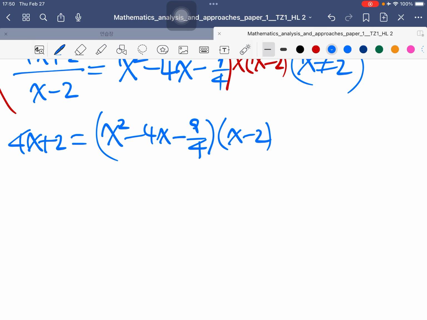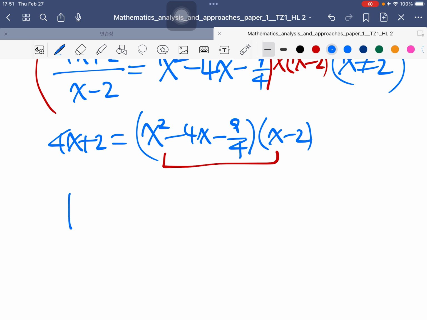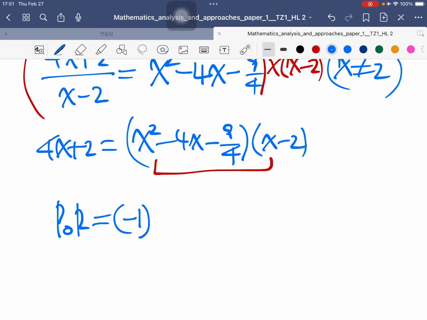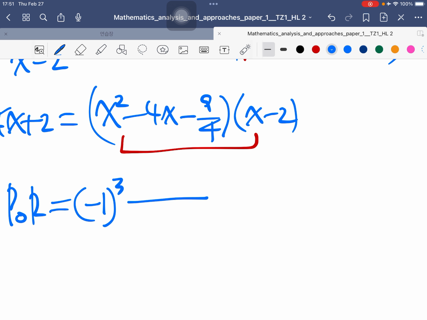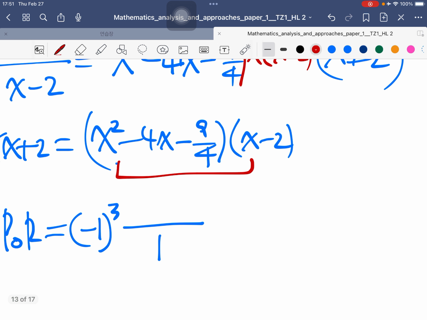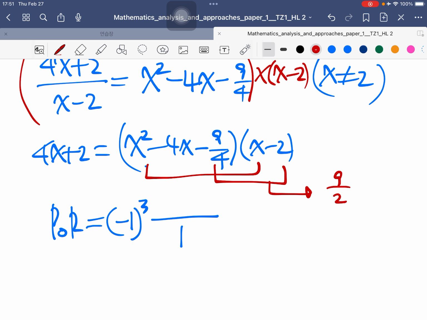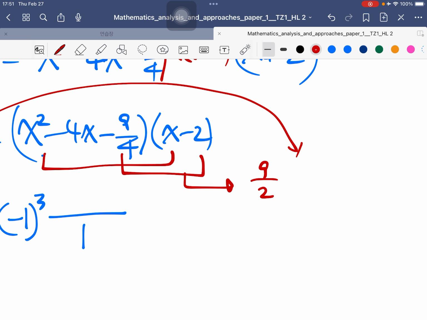So all you need is the coefficient of highest degree, which these two make, right? So in this equation, the product of all roots is minus 1 to the power of the highest degree, which is the third power of x, a cubic equation, times the constant term over the coefficient of highest degree. The coefficient of highest degree, these two make, is 1. And for the constant term, we can multiply these two to make a constant term of 9 over 2, and then these two come here to be negative 2.